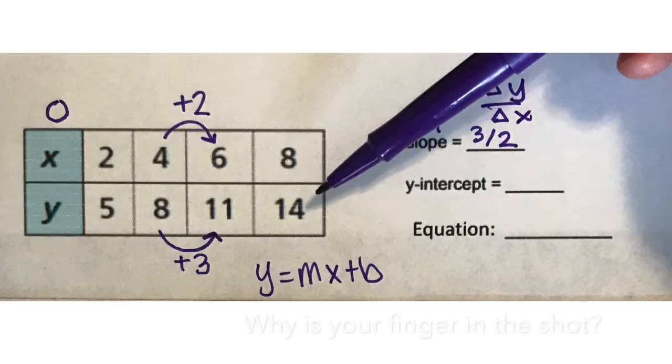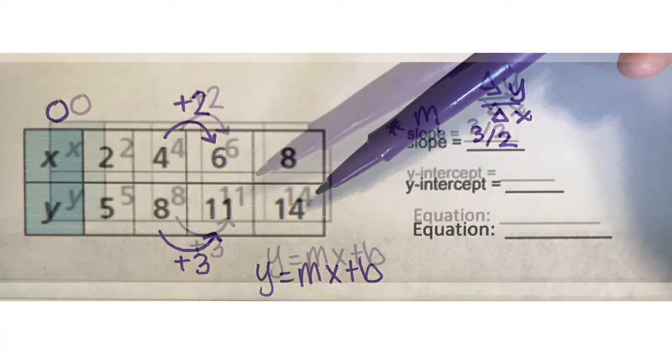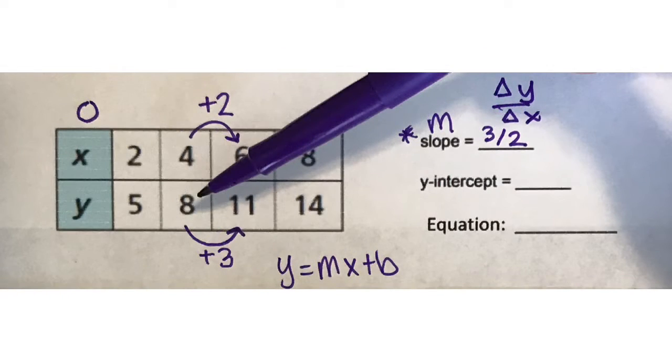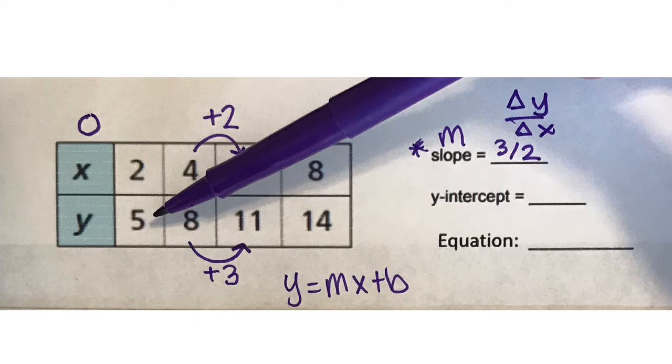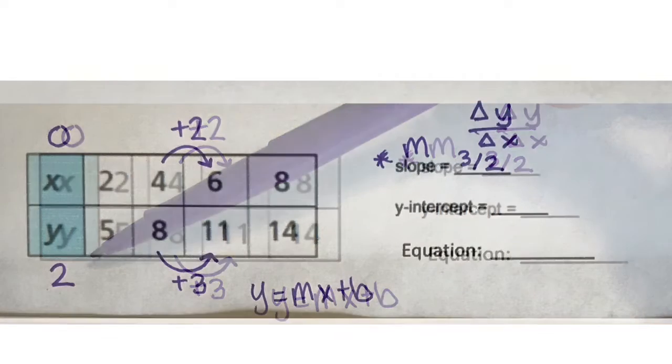Now I need to do the same thing for the y column to find what y is when x is 0. From 14 to 11, that seems like I'm going down 3. To 8, that's down another 3. So if I take another 3 from 8, I get to 5, and then finally taking 3 more from 5, I get to where the intercept should be, which is positive 2.